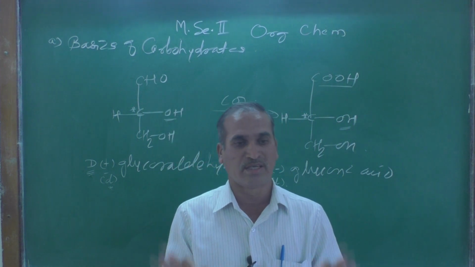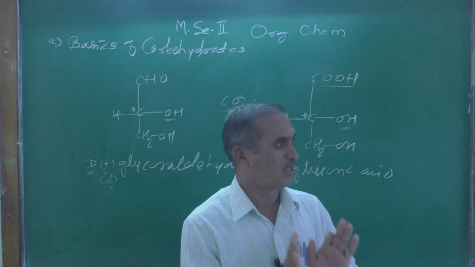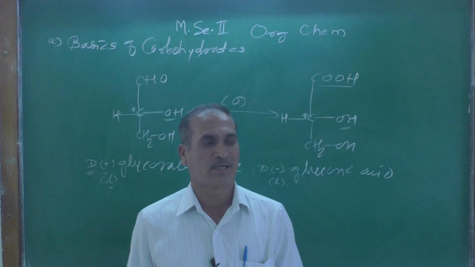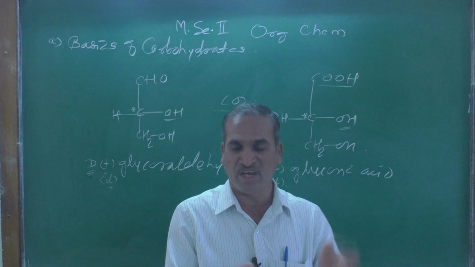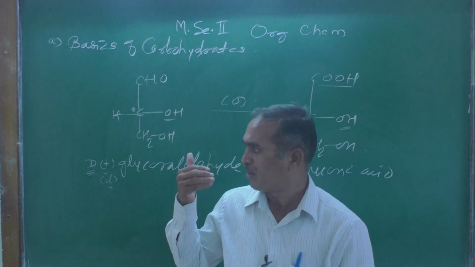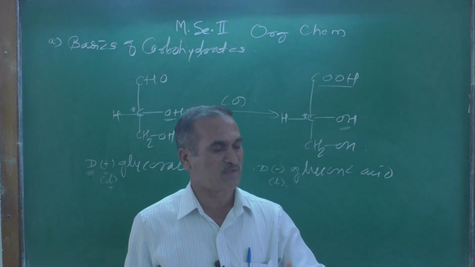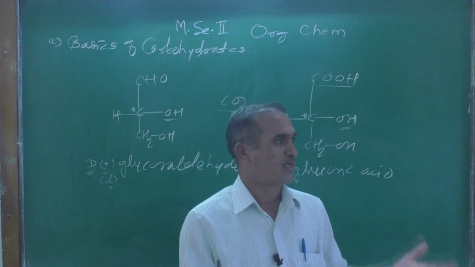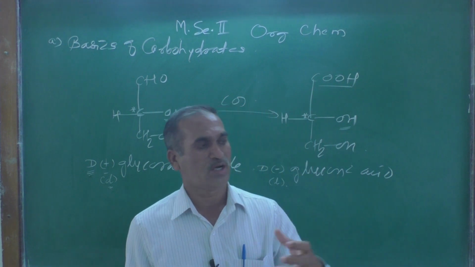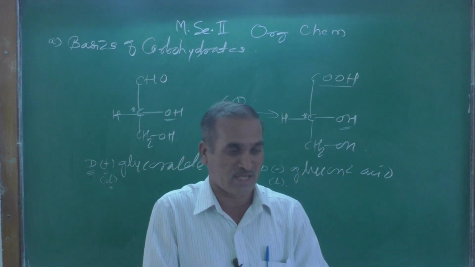That is the only difference between enantiomers. These enantiomers are very difficult to separate from each other, because their physical and chemical properties are identical, and therefore they are non-resolvable.